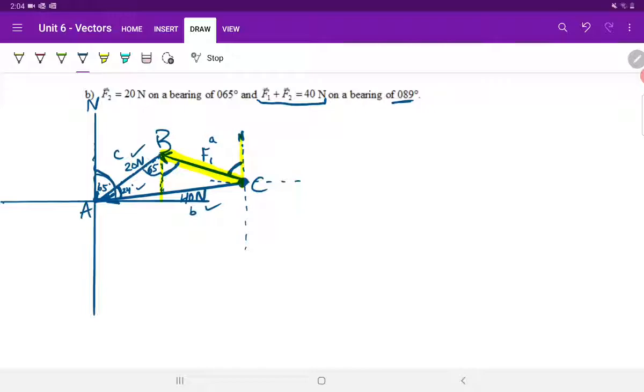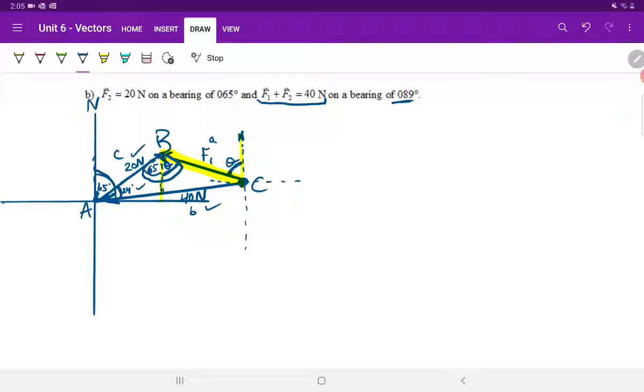So once I find little a, if I can calculate this whole angle here, then take 65 and subtract it from that big angle that I'm going to find eventually using the sine law, that's going to give me this little angle here. I'll just call it theta right now. And I know that that angle will be the same as that angle because of the Z pattern.